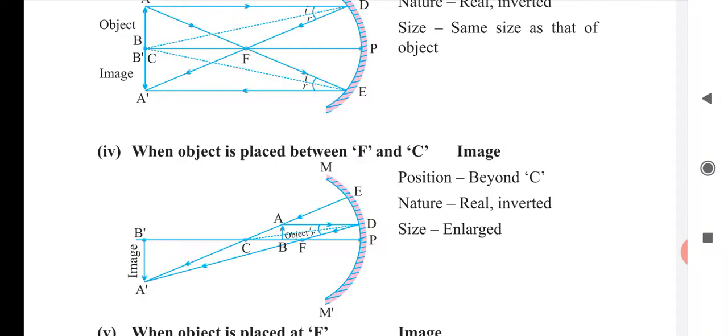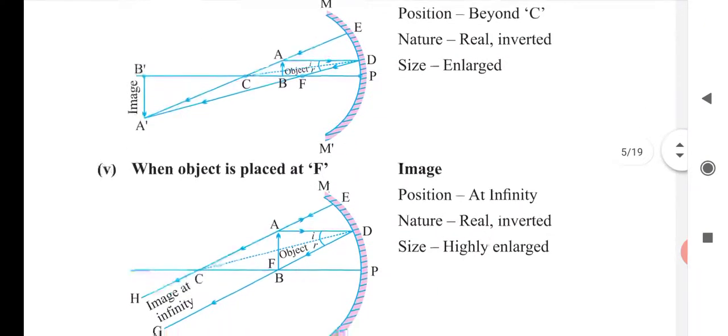Understood? So next, when the object is placed at focus. What happens? You can take two rays, because for the formation of an image you need a minimum of two rays. One ray is passing parallel to the principal axis. You know after reflection it will pass through the focus, and a ray passing through the center of curvature will of course reflect back along the same path.